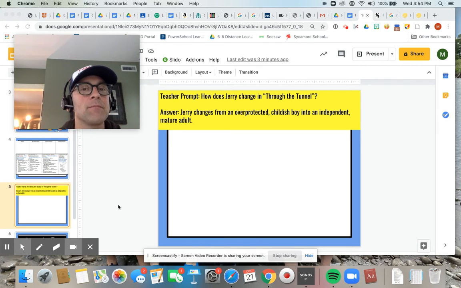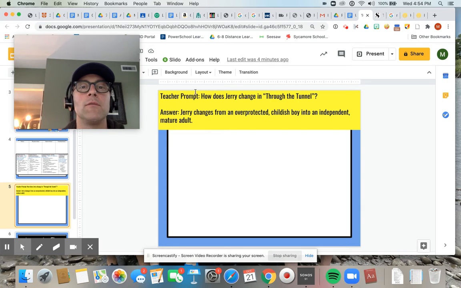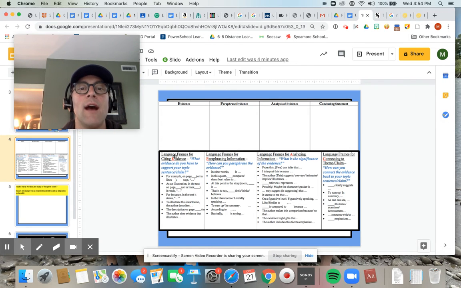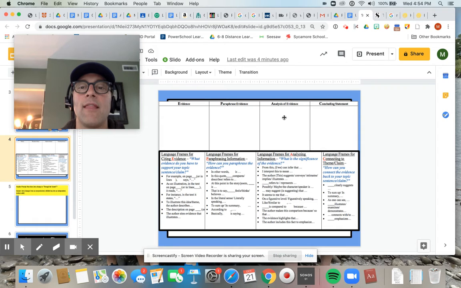So let's see how we can use this chart. So first we want to find some evidence that proves the answer, not to the prompt, but of course to my answer, right? So I'm looking for evidence, and I have ways to frame that evidence. I want to then paraphrase said evidence, and then I want to analyze that evidence, and then I want to conclude with that evidence.